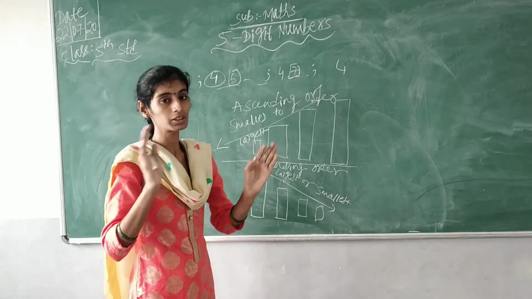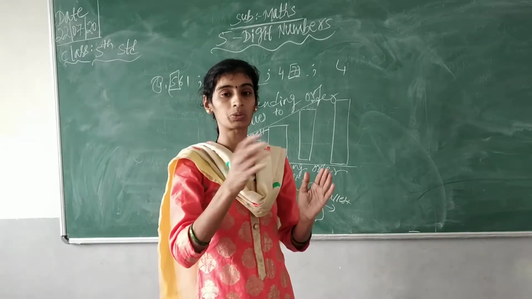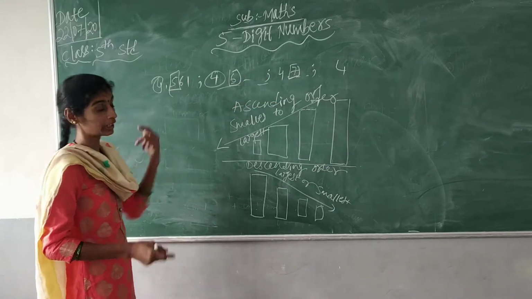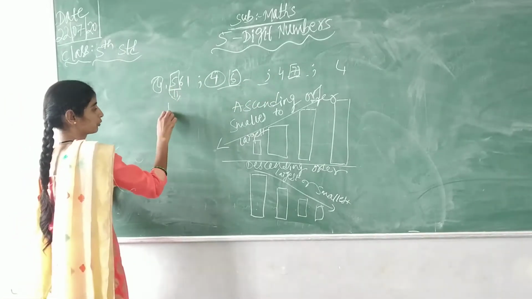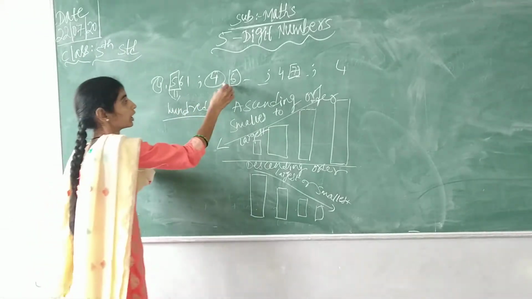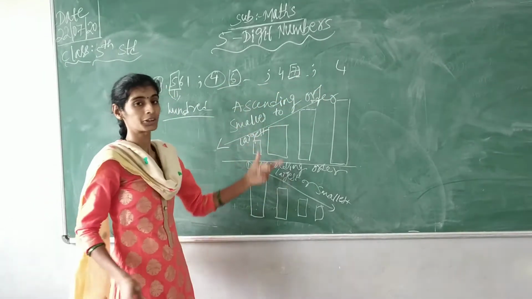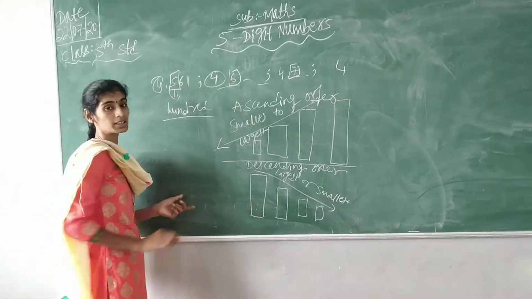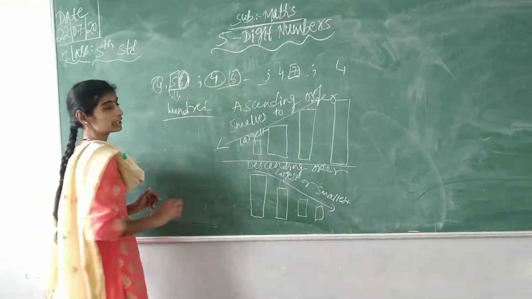If they are different, continue the process, which means you arrange the numbers. If the thousands places are the same, then you have to see the hundreds place. Which place, children? Yes, the hundreds place. If the hundreds places are different, continue the process. Even if the hundreds places are the same, then you need to go for the tens place.